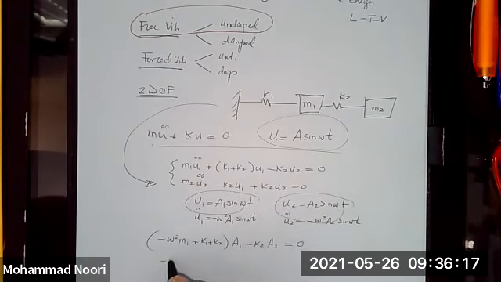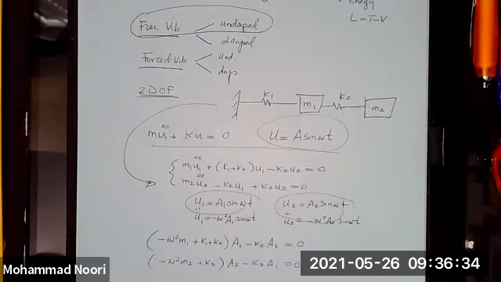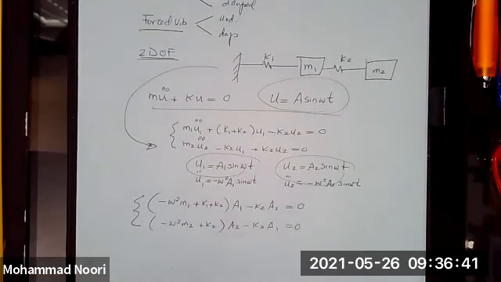And you end up with negative omega squared M2 plus K2 times A2 minus K2 A1 is equal to 0. Okay. So you have now a set of simultaneous homogeneous equations.